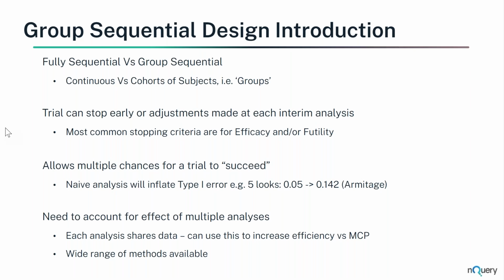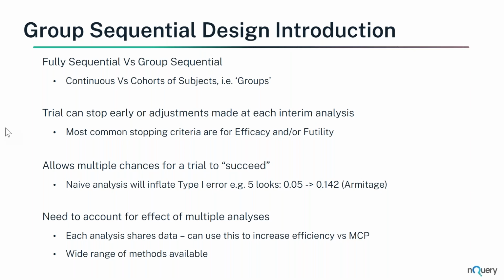And luckily, there's a lot of different ways of doing this with group sequential design. In practice, group sequential designs are far more common in actual clinical trials than fully sequential designs due to the logistical burden of continuous monitoring. So for example, the greater involvement of the Independent Data Monitoring Committee, IDMC, or the increased chance of operational bias due to unblinding.